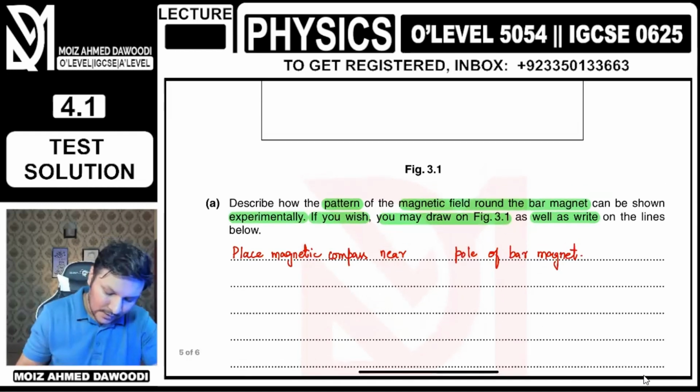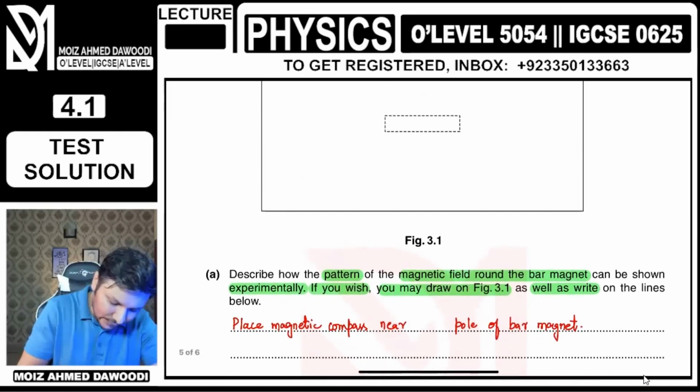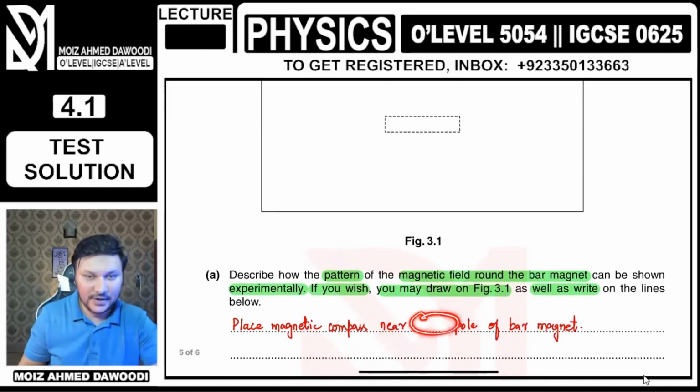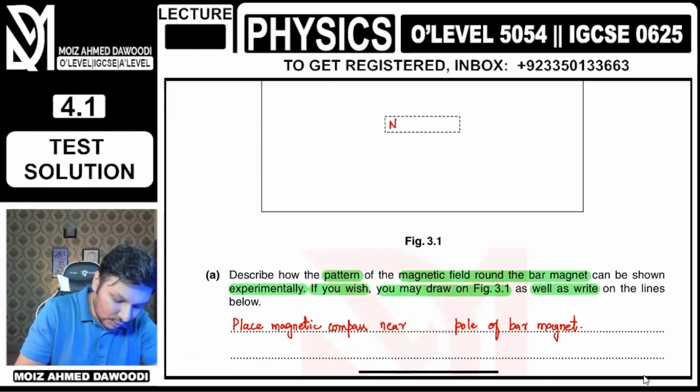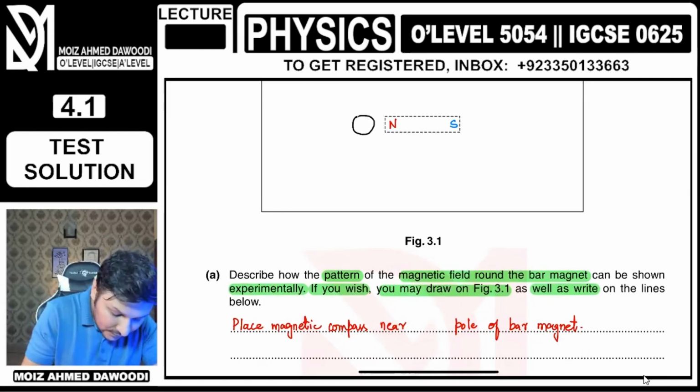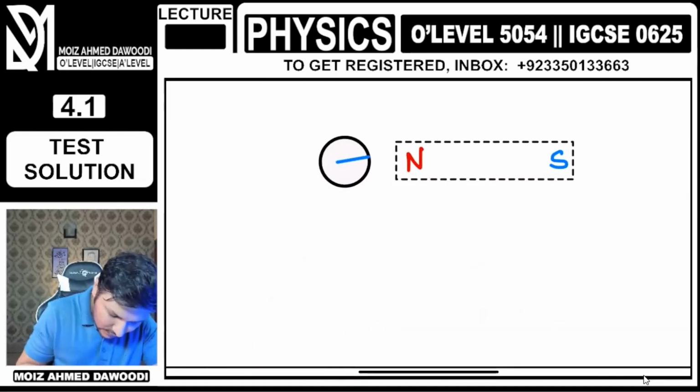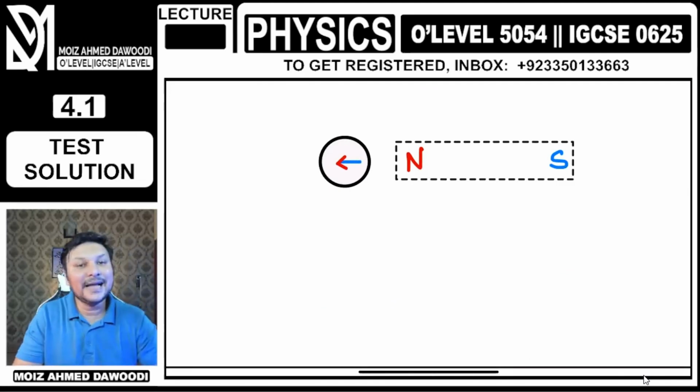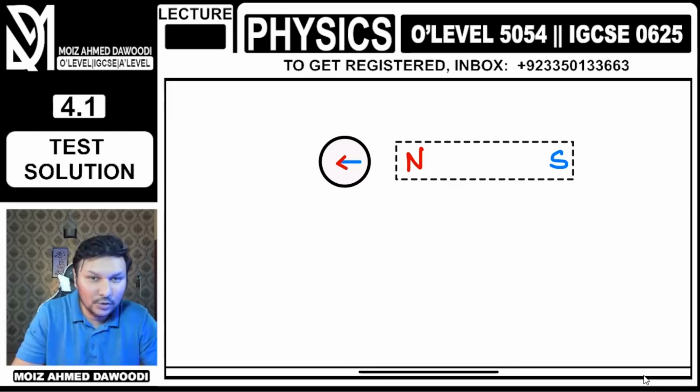And here you can write down any pole. Let's say I'm drawing a north pole here and I'm drawing the south pole here. If I place a magnetic compass here, the direction of the magnetic compass should be like this. Remember that the arrowhead on the magnetic compass represents north.